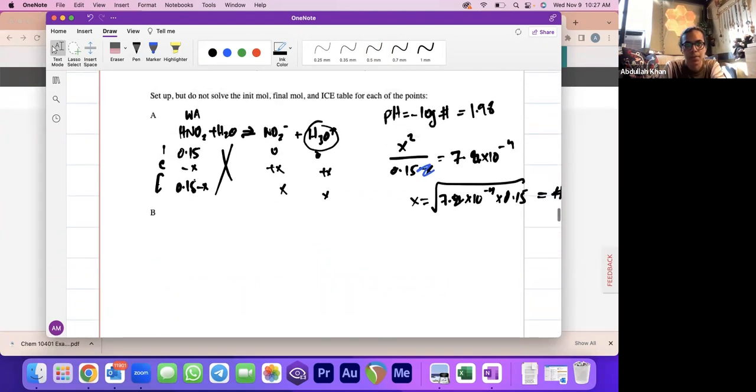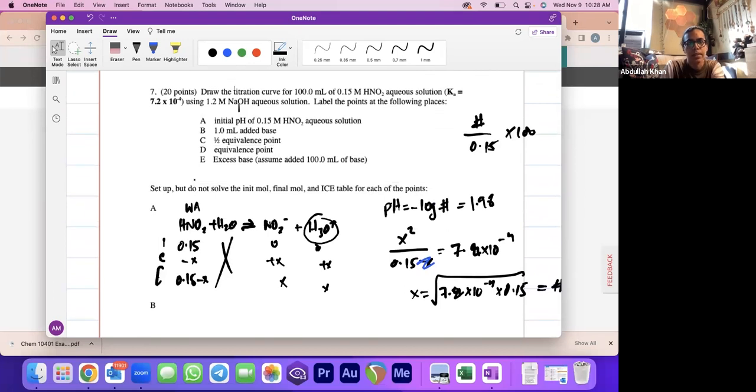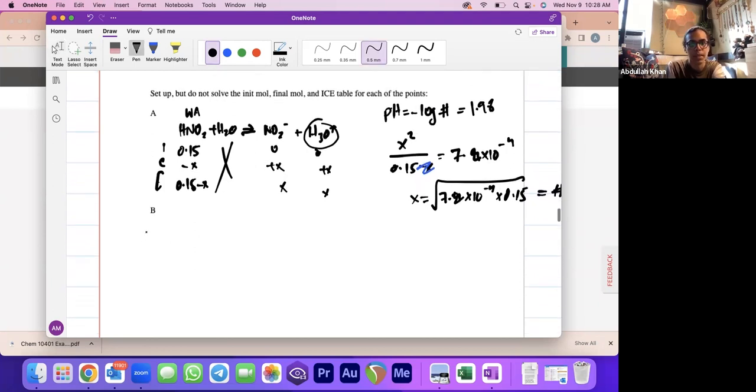Okay, next up is 1 milliliter of added base. Okay, no problem. This is titration now. HNO2 reacts with the strong base NaOH. Strong base, weak acid gives NaNO2. This comes from the broken pieces, and H2O.